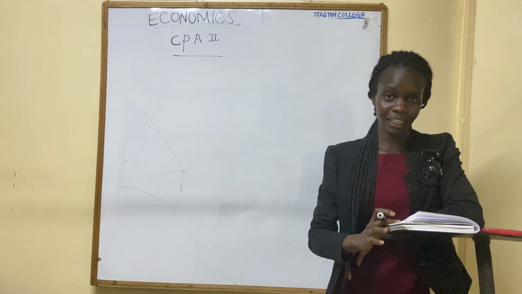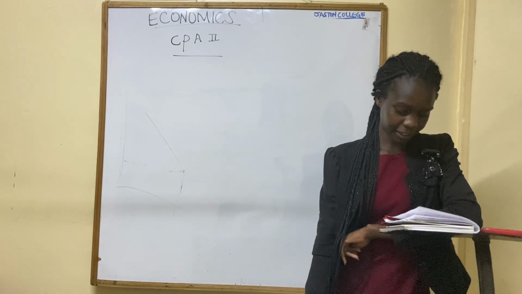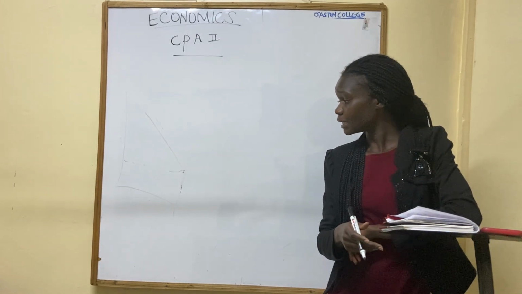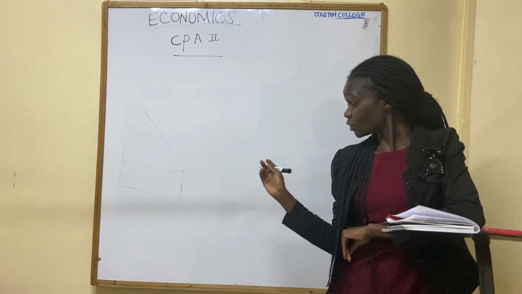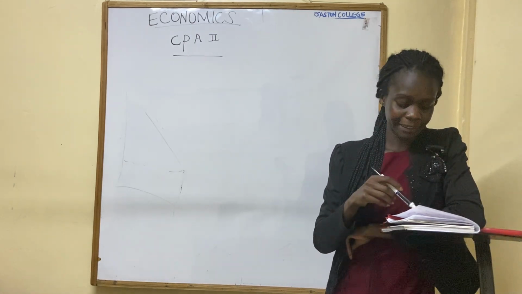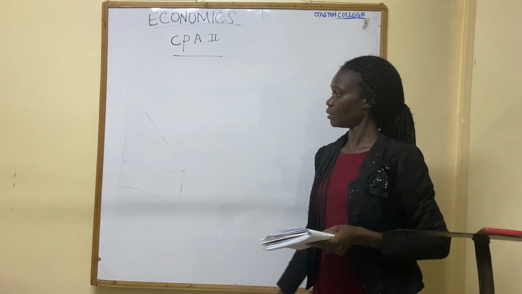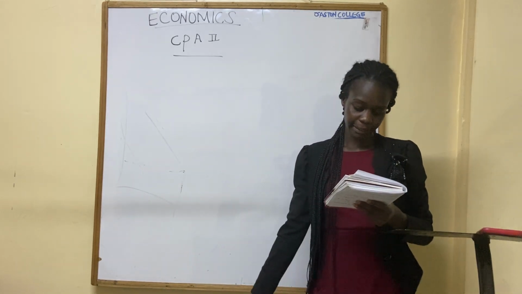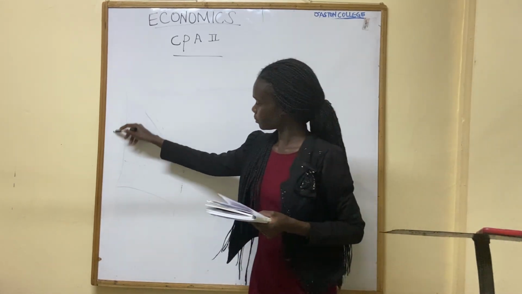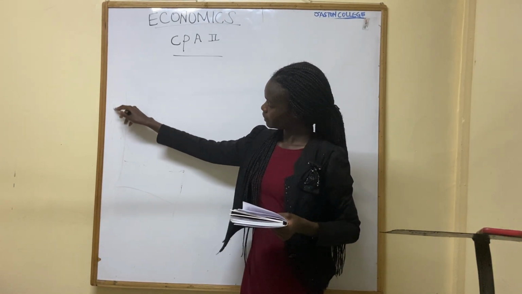The last one, the fifth one, is income elastic. Income elastic is where the demand rises or falls by a greater proportion than income.